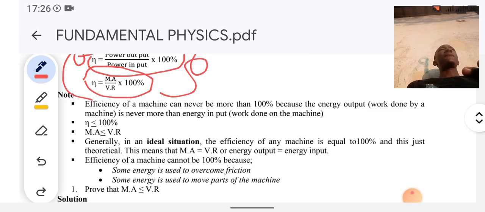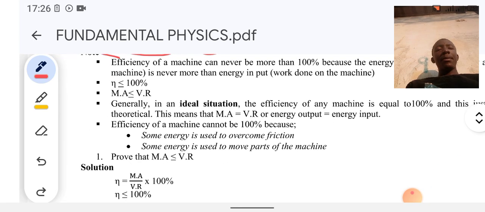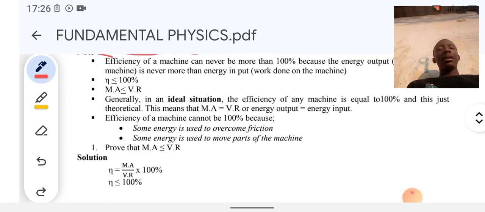So moving on, then another thing is that the mechanical advantage will always be less than or equal to the velocity ratio, and the velocity ratio will always be greater than or equal to the mechanical advantage. I hope it's making sense.